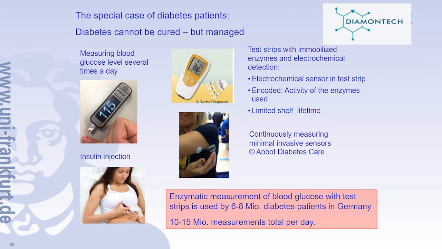And this device, after 1 or 2 minutes, gives the blood glucose. The problem is that these test strips are costly, especially if you want to do several measurements a day, and they have a limited shelf time. Although there are, meanwhile, some continuously measuring minimally invasive sensors, this is the bottom right picture, which are tiny needles that go into your tissue and stay there for a week or two.